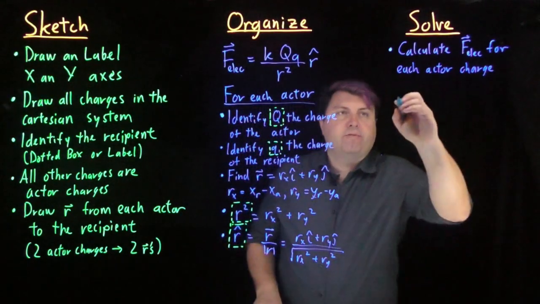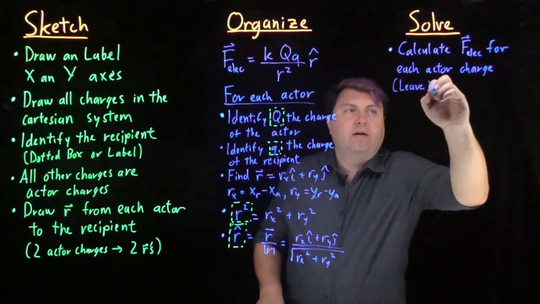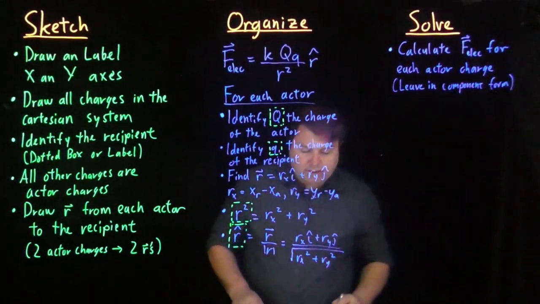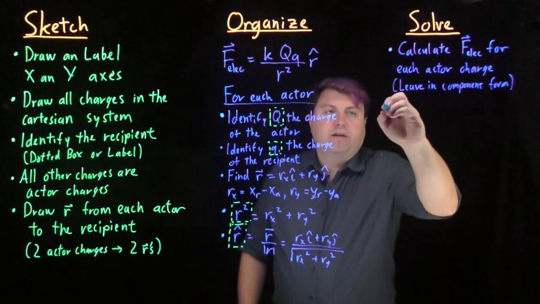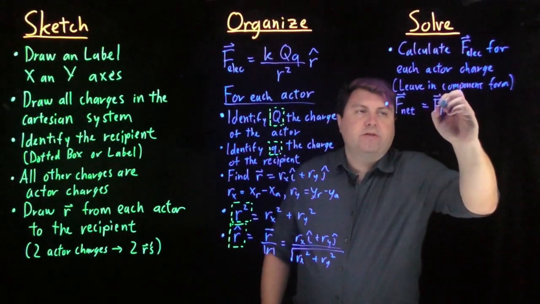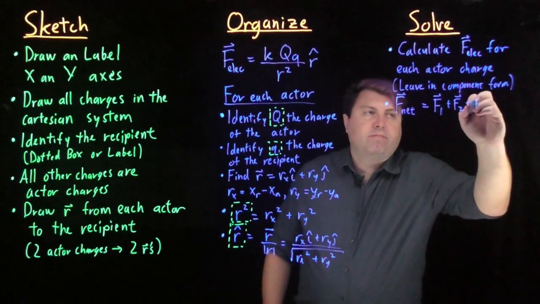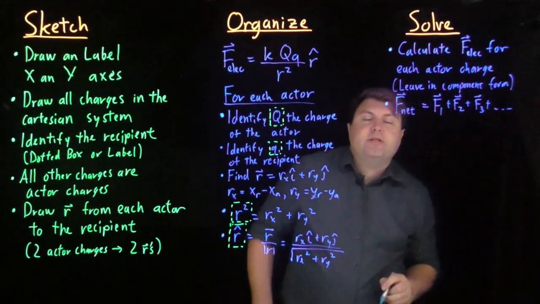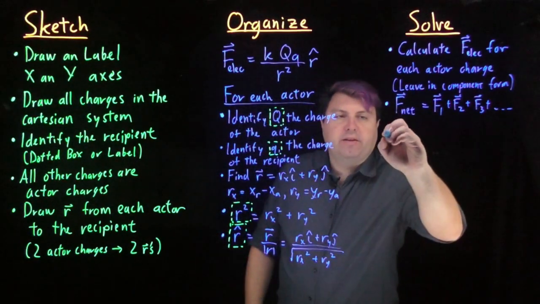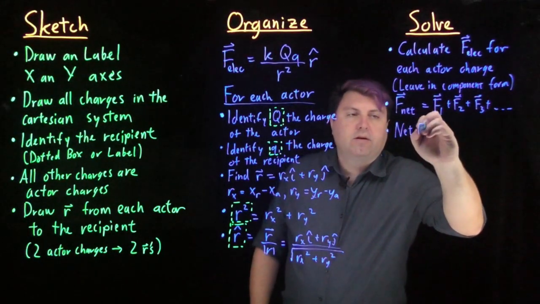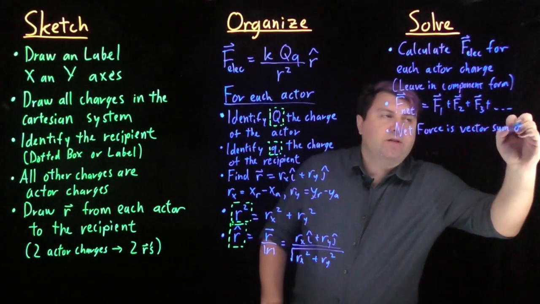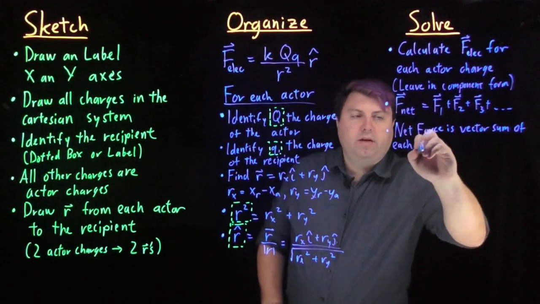And what's nice is we want to leave this in component form, because our last step is that the net force is equal to the vector sum of each of these individual forces. So if we find each of these individual forces, then we just find that the net force is the vector sum of each individual force.